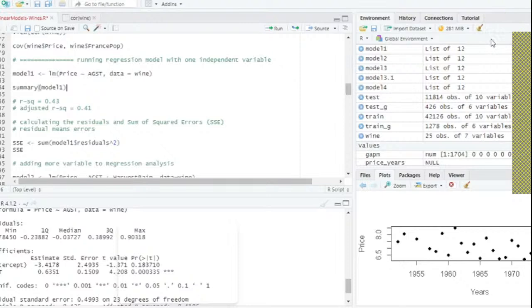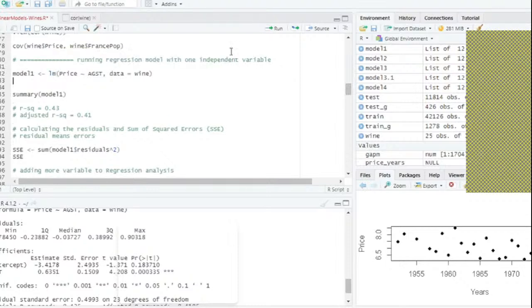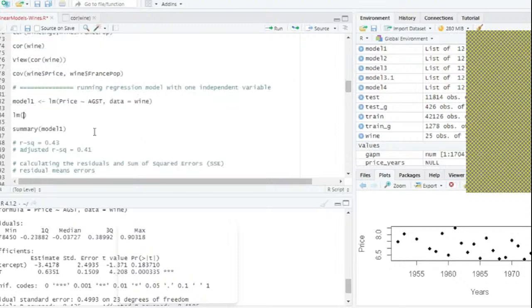Could you please explain line number 82? Sure. Angela, in 82, I am creating a linear model, meaning I am creating a regression model, right? So LM, price variable. Wait, I think I did not attach. Okay, I mentioned data. LM means linear model, Bharat.